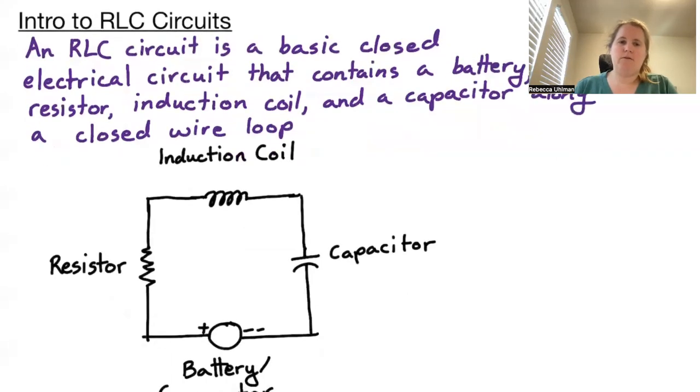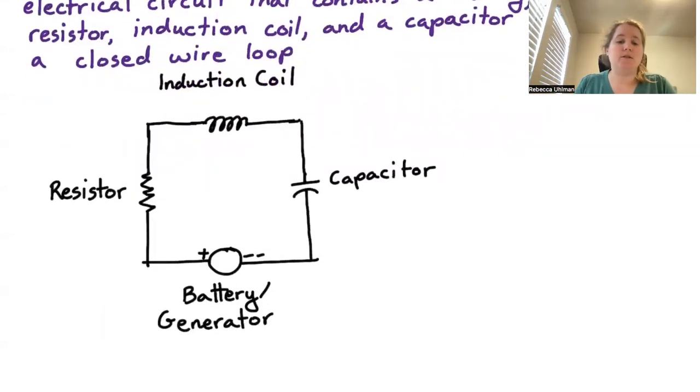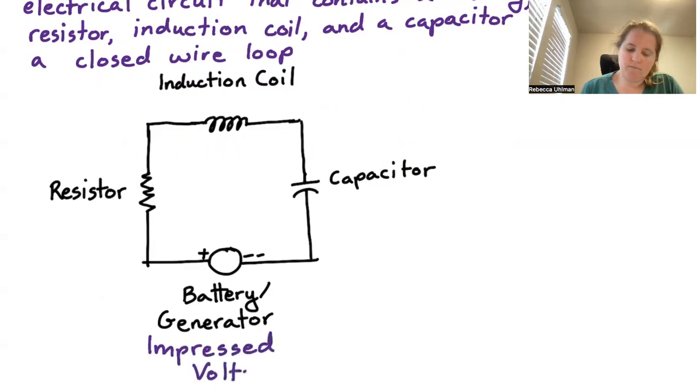So here we have a diagram of our basic RLC circuit. We have our battery or generator, which provides impressed voltage, typically denoted by E of t.